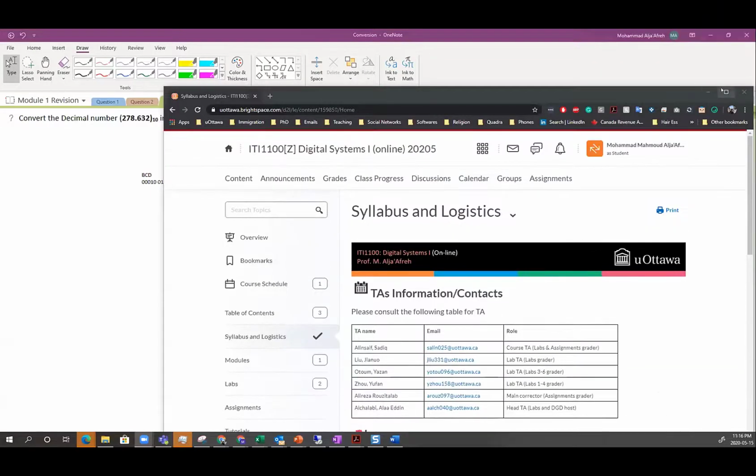Let's go in as a student, so this is what you're going to see exactly. Let me share this screen. Can you see the Brightspace?